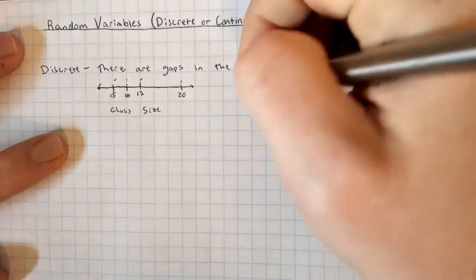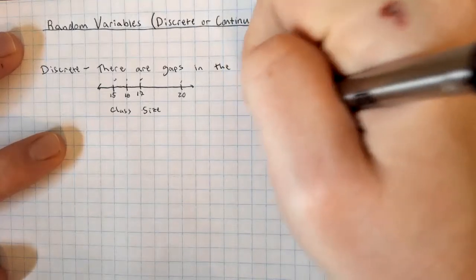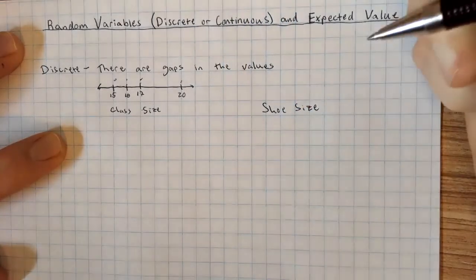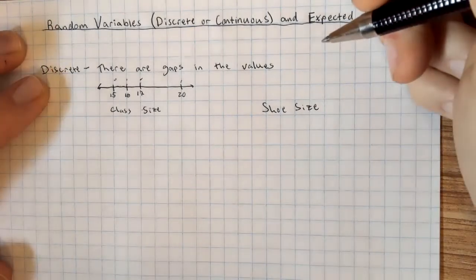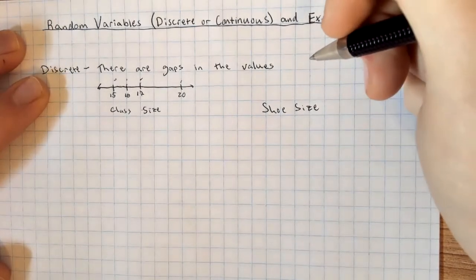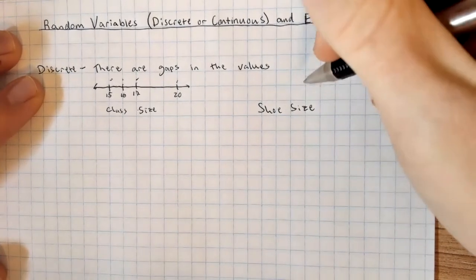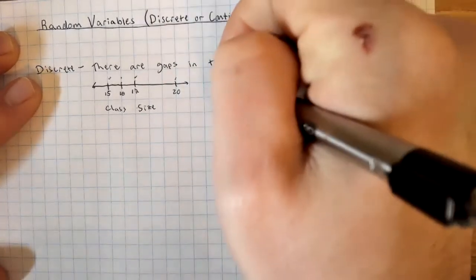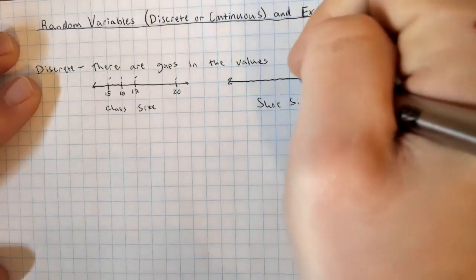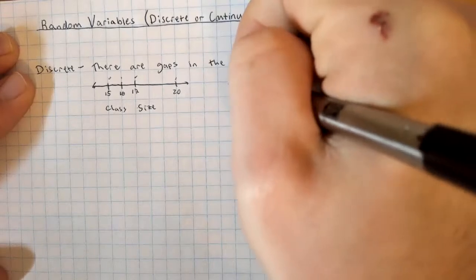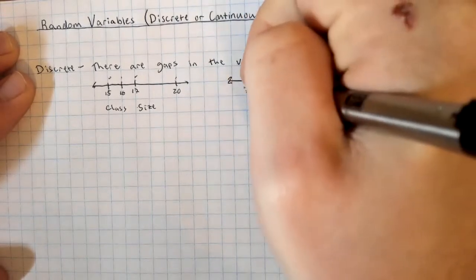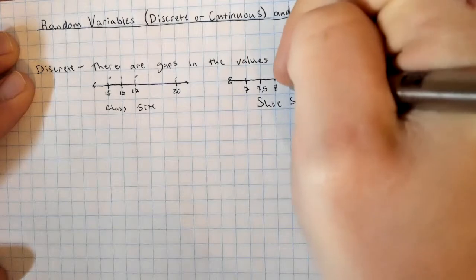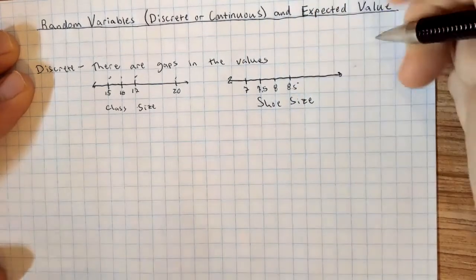Another example, because this is something that comes up quite often: students have a misconception that anything that's discrete has to be an integer, but that's not entirely true. Another example could be shoe size. It's entirely possible that you can have a size 7, a size 7.5, a size 8, a size 8.5, and so on.